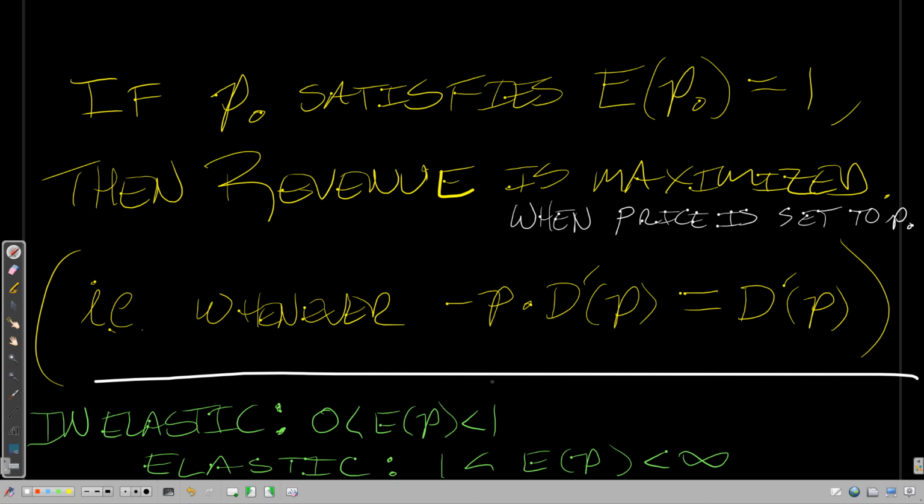How would you get the elasticity of demand function equal to 1? You would solve this expression. This just says the numerator is the same as the denominator. That's what it means to be 1.